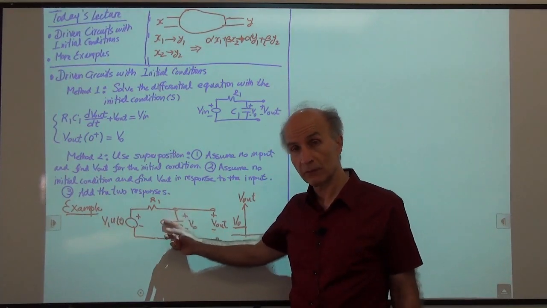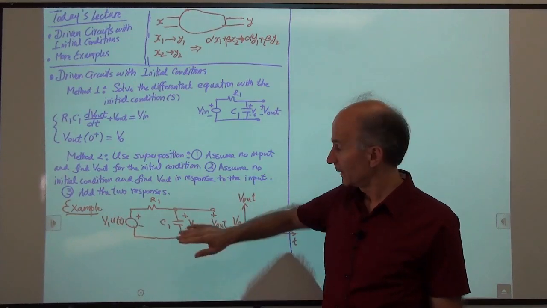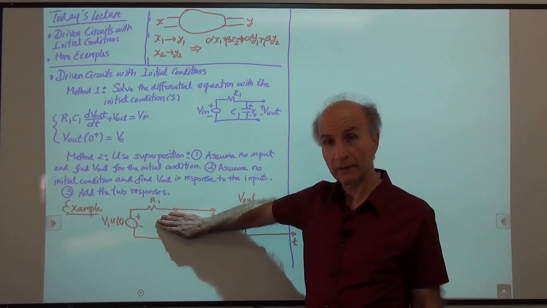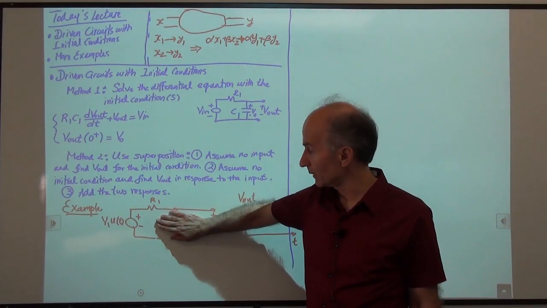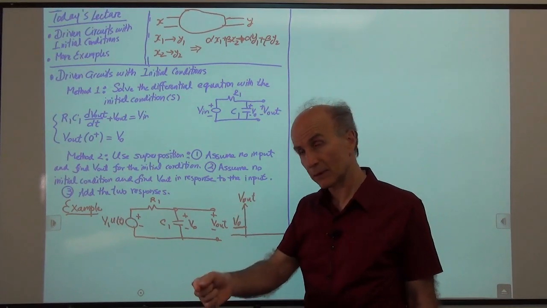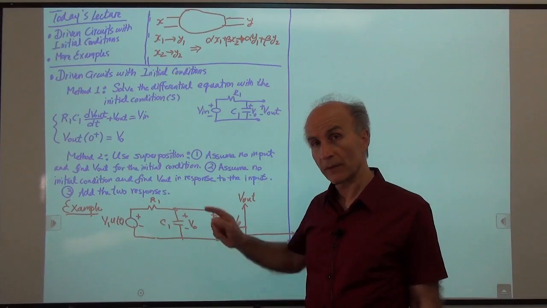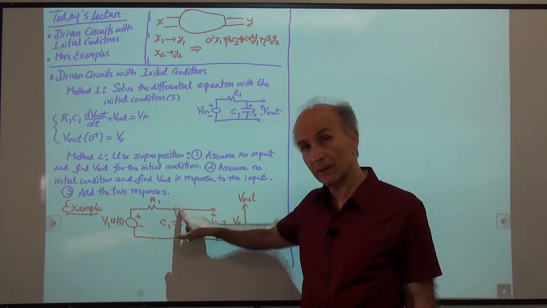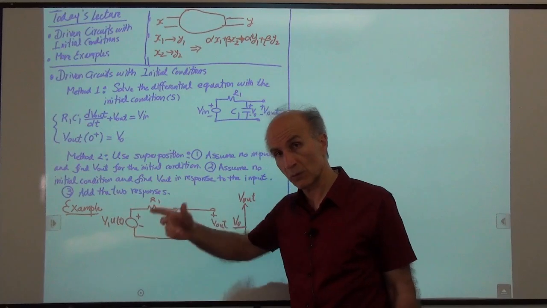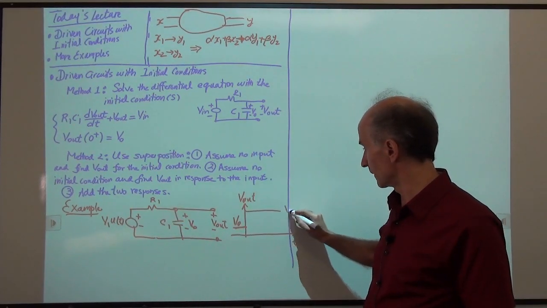So if this capacitor voltage is constant, the capacitor acts as an open circuit. It's gone. No current through it. If there's no current through the capacitor, there's no current through the resistor. If there's no current through the resistor, this voltage and this voltage are equal. So the output voltage at time infinity will be equal to this voltage, which is V1. So we expect that this goes towards V1.